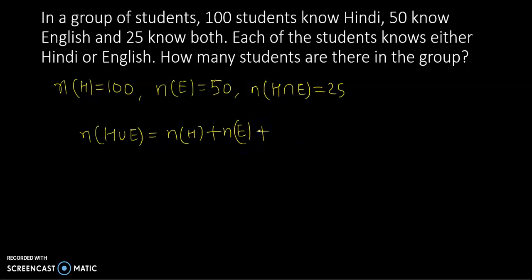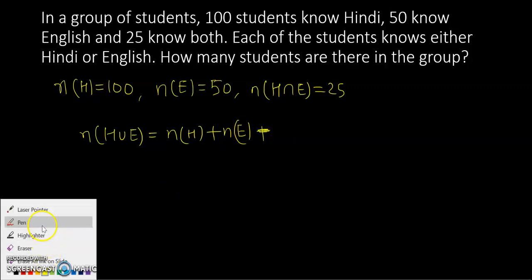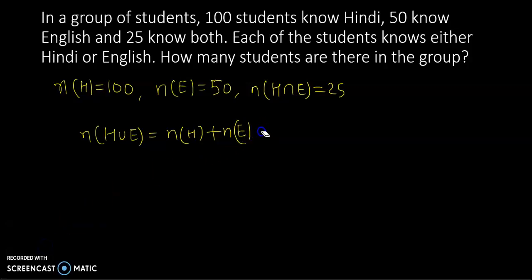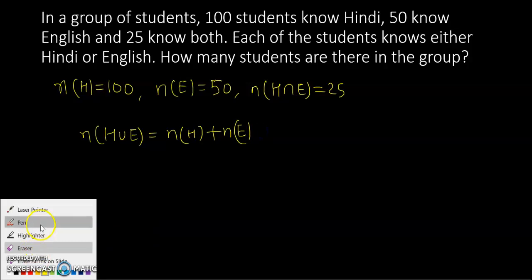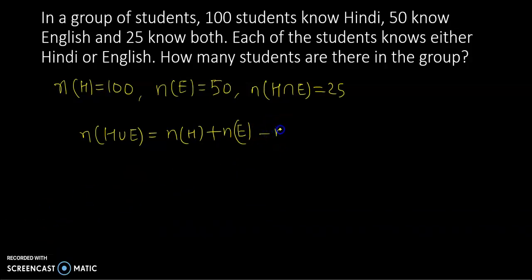The number of students who know Hindi, plus the number of students who know English, minus the number of students who know both Hindi and English. And I hope the results are pretty simple now. It is 100 plus 50 minus 25, and that gives you a very simple number: 125 students in total.